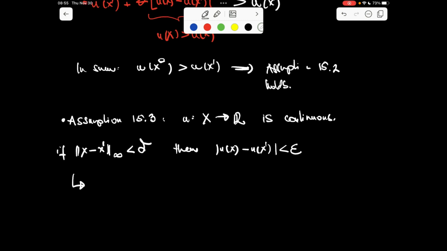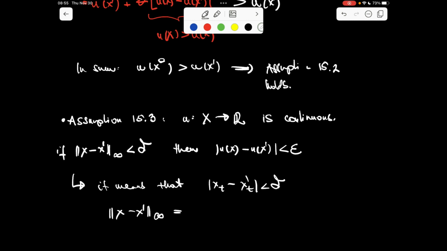What does it mean? It means that this inequality holds to any t because of the sup norm.